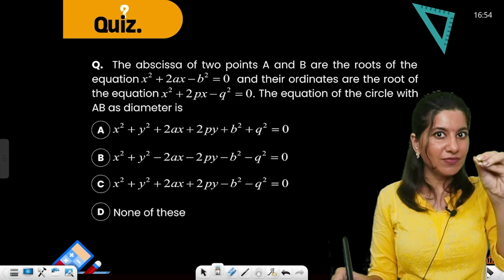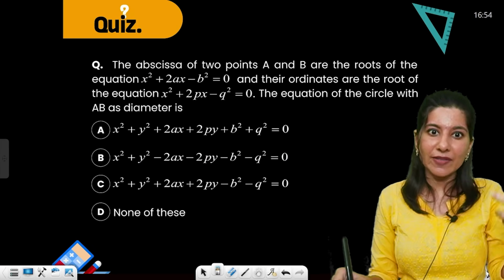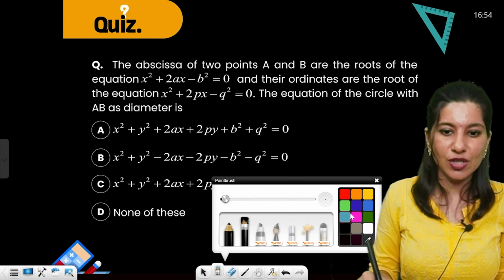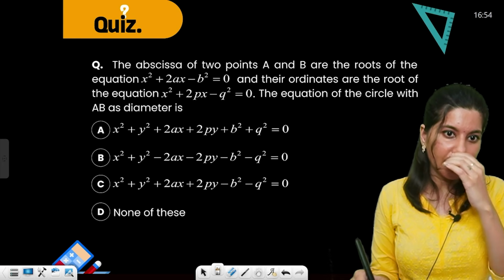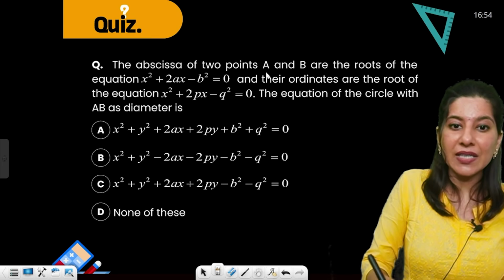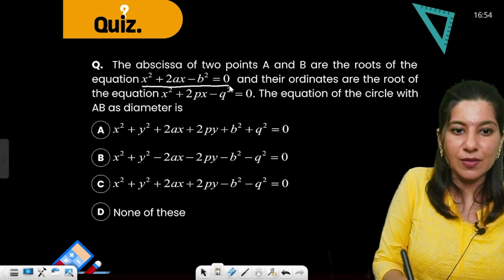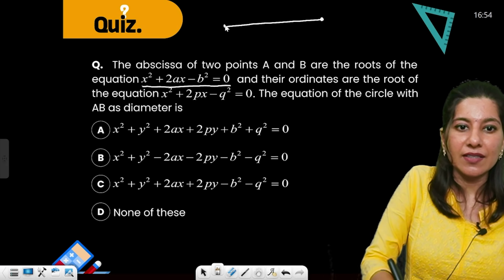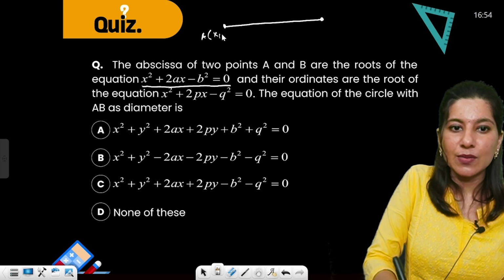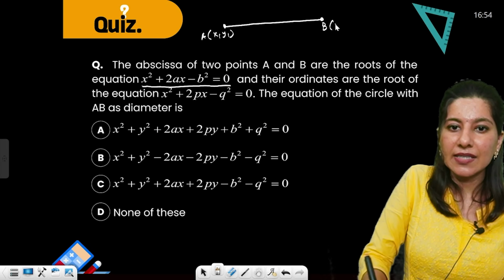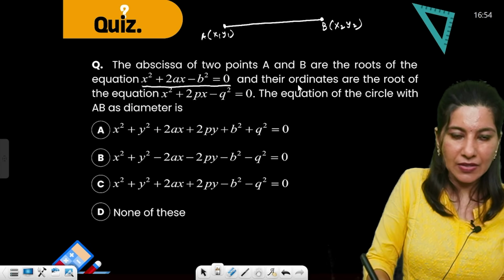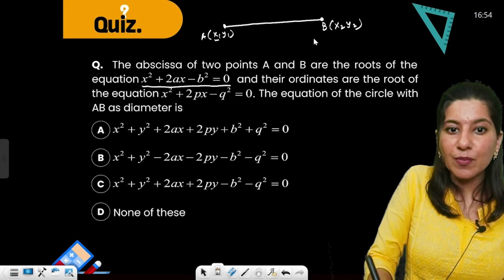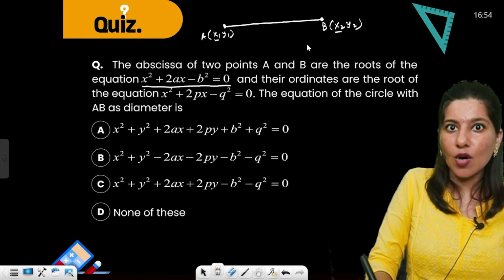Okay. So with this observation, here comes another question, which says that the abscissa of two points A and B are the roots of this equation. So what they are saying is, this is your diameter. Point A is (x1, y1). Point B is (x2, y2). The abscissa of points A and B are x1, x2.